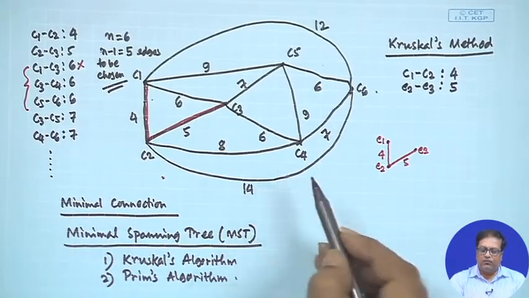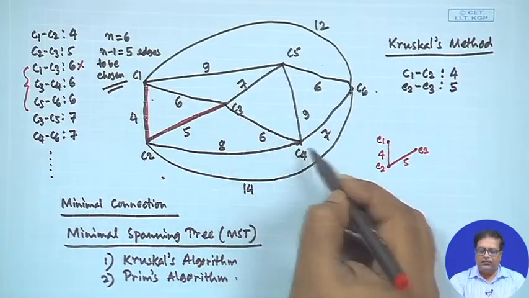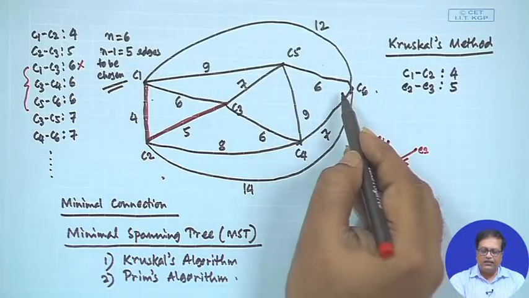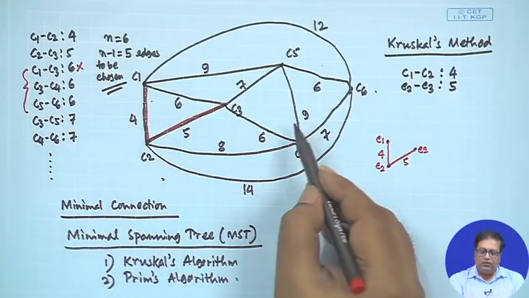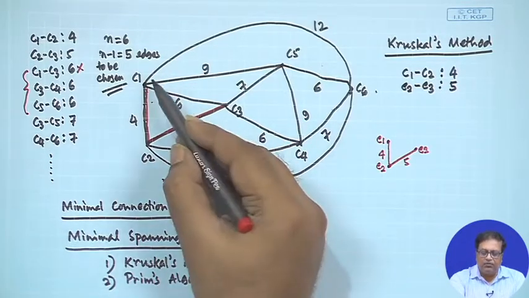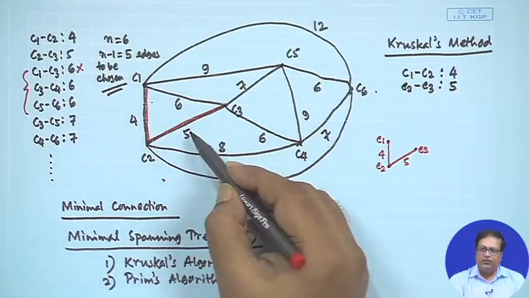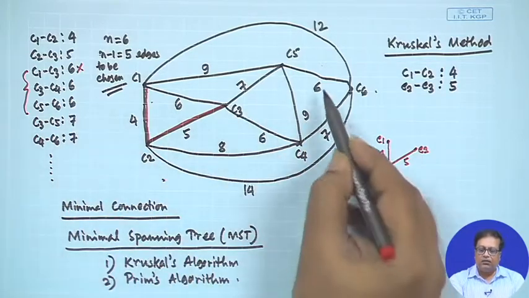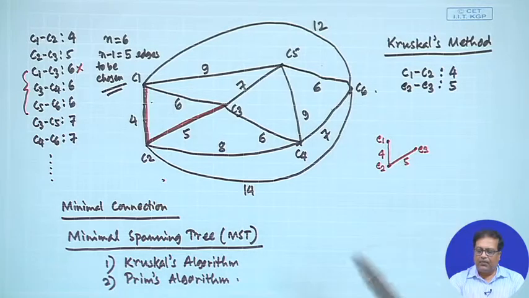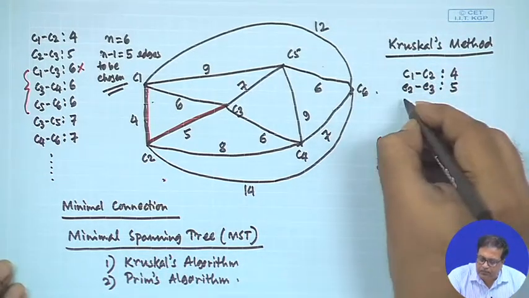So the question is, we can now choose either C3 C4 or C5 C6. You see, I would like to choose C5 C6 because you may be thinking that we have to go from one corner and keep on going. So it is not required. We can choose C5 C6 also, there is no problem, right. So let us choose now C5 C6.